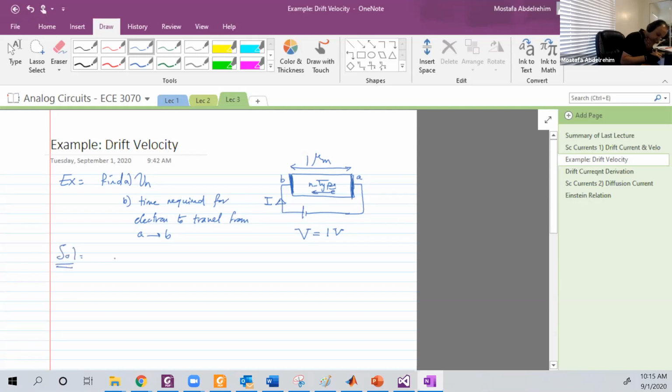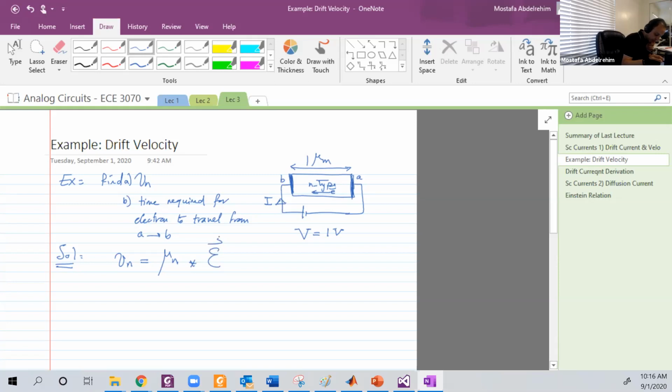So this is a solution now. We know that Vn, let's talk about here the absolute values. Okay, just forget about the sign. We just need the value itself. So Vn is equal to mu n multiplied by epsilon.